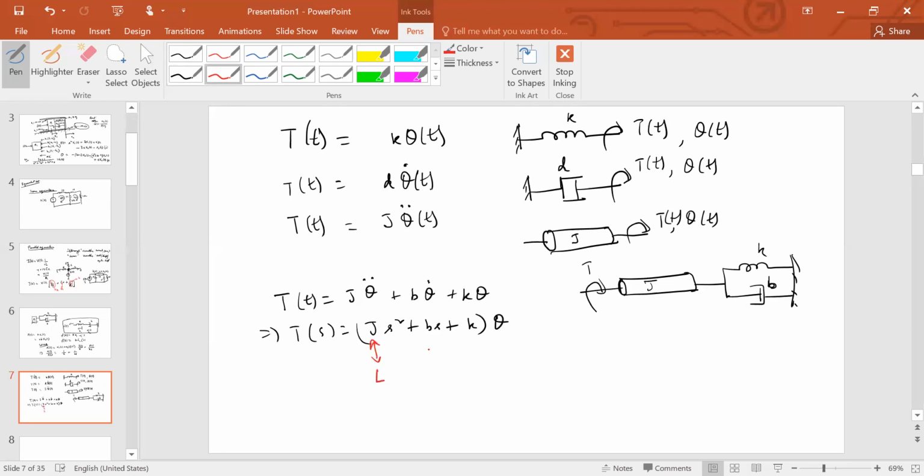This J will correspond to the L, the D will, sorry, this is D. I should have written D here, not B. This is plus, this is D, this is also D. So this corresponds to what is called the resistance in the electrical circuit, and this will correspond to the reciprocal of the capacitance. So this is the series analog.